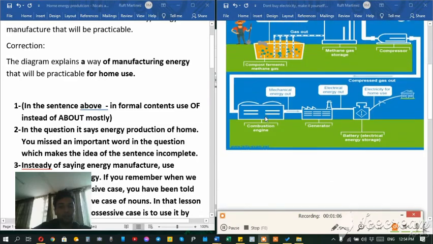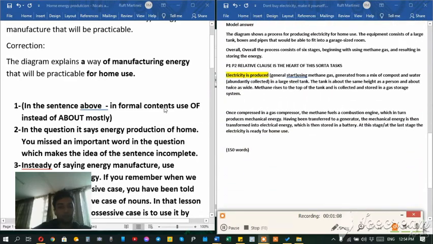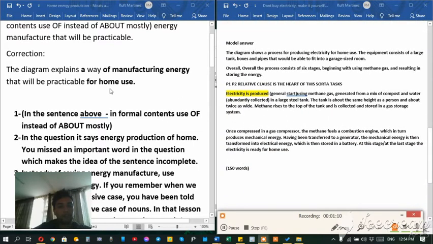Also, I'm going down to my essay. So here is how I did it. The diagram shows a process for producing electricity for home use. That's what I did. Instead of manufacturing energy, I chose to write the word process, and here there's the word producing for electricity for home use.